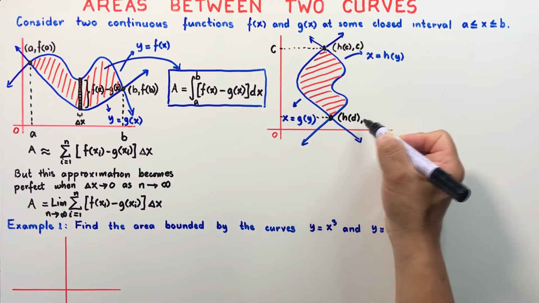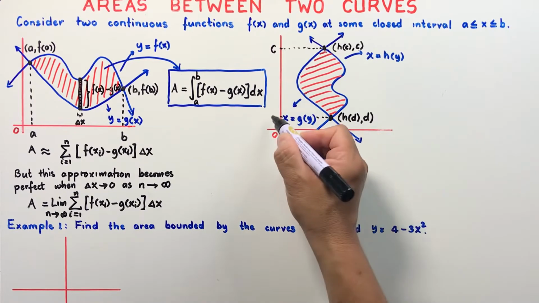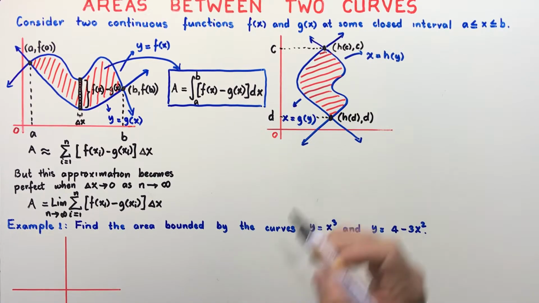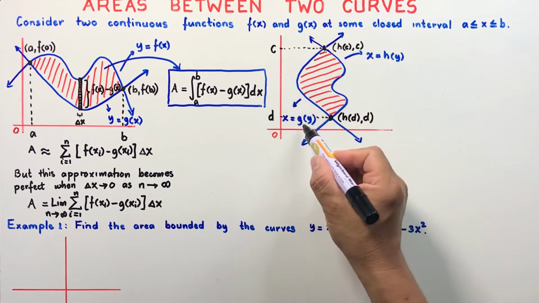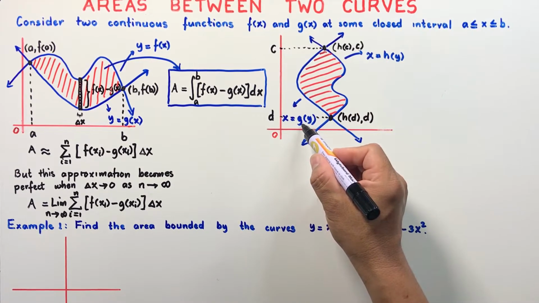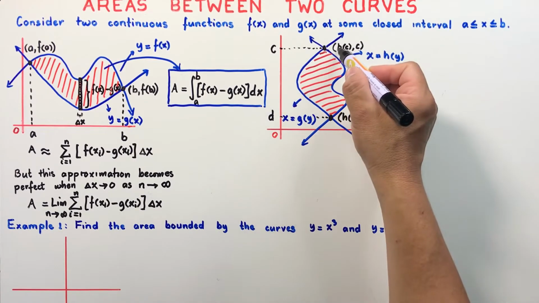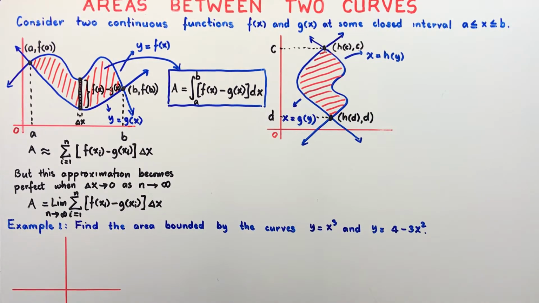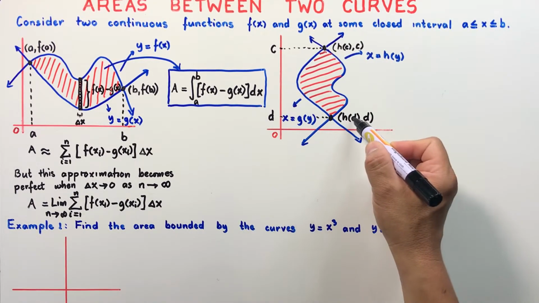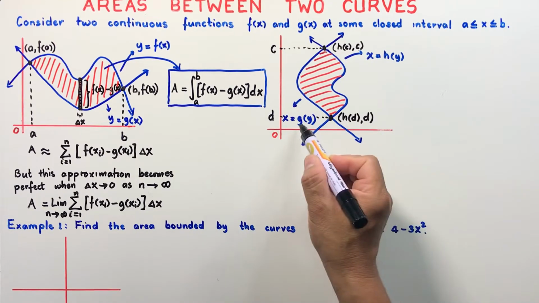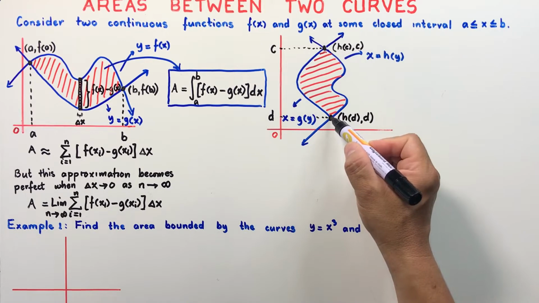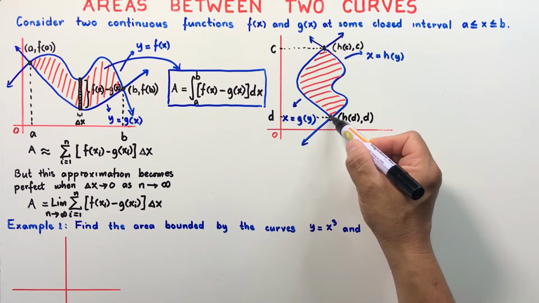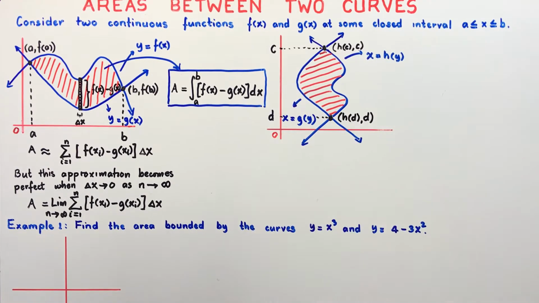So the y-coordinate is d here. But this point can also be obtained by substituting c into the g function. So this is g of c, c. And so with this one, g of d, d, using this function g. Because at this point, the h and the g are the same when the y is d.